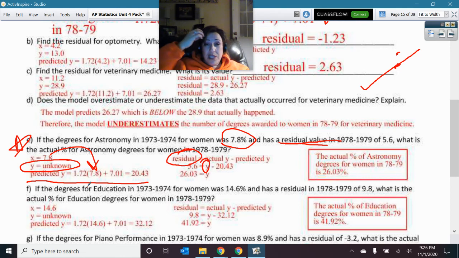Okay, and that's what happens here. So pause if you need to stop and try those yourself. But I'm just going to show you these answers and let you check yourself, because this is the same process. You have a residual of 9.8.